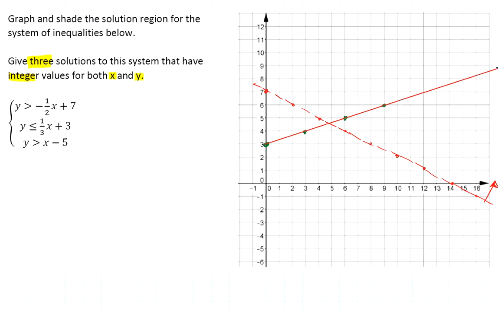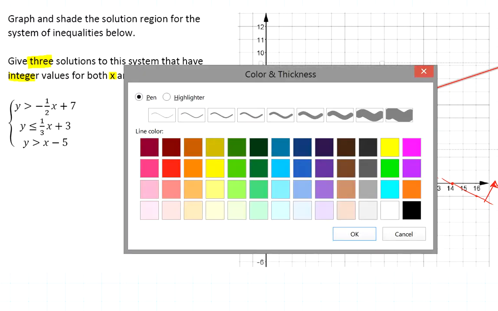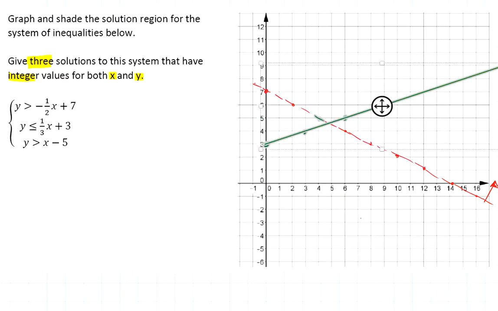Oh, now wouldn't you know it, the line is red. Let's see if I can change that. I can change that, but for some reason I feel like it's going to be more work than it's worth. You're supposed to be a green line. Oh, now I've got different choices of green. This is ridiculous. Okay, there we go. And it says y's are less than or equal to that.